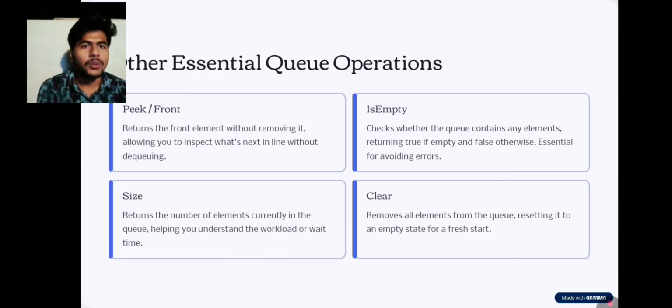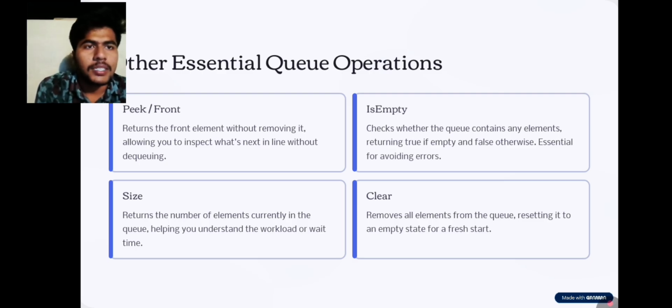Other essential queue operations: peek or front, isEmpty, size, clear. First, peek or front returns the front element without removing it, allowing you to inspect what's next in the line without dequeuing.